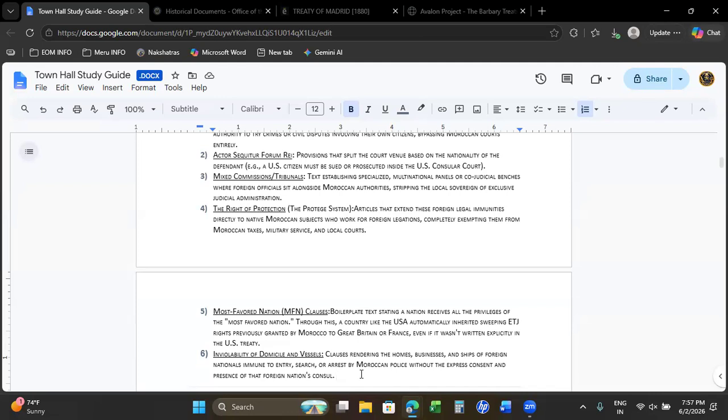It says actor sequitur forum rei. These are provisions that split court venue based on the nationality of the defendant. Example: a United States citizen must be sued or prosecuted inside the U.S. consular court. So just like having a consul, which would indicate a lot of things, as we just read in point two, it's kind of common sense.